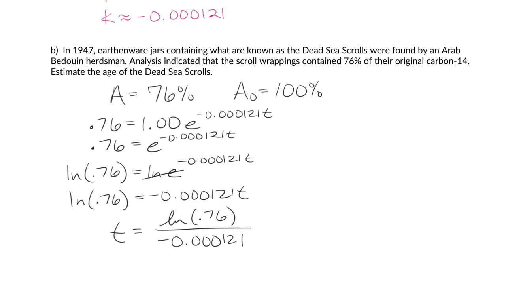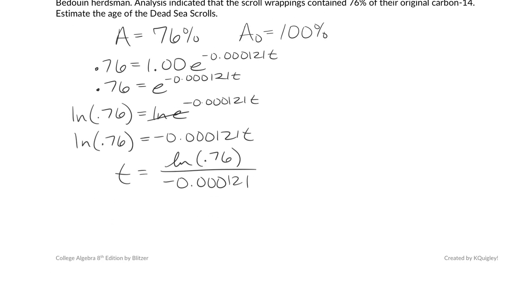Same steps we've solved this entire time, yes? We throw this in our calculator, making sure we give it the correct number of decimals, 0.000121.